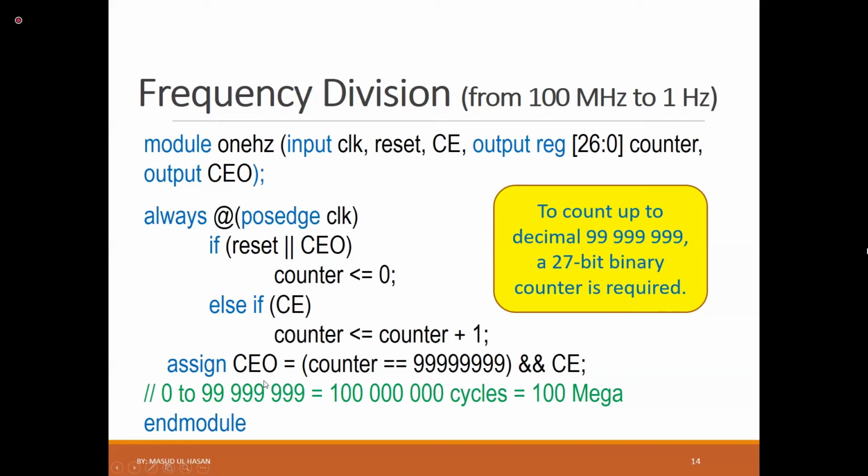The rest is the same. Only this box is 27 bit. Instead of 4 outputs, we will have 27 outputs. Clock will be applied here. We are not connecting anything else. It is one counter. So this CO will be 1 when it reaches its maximum count, means 8 nines.